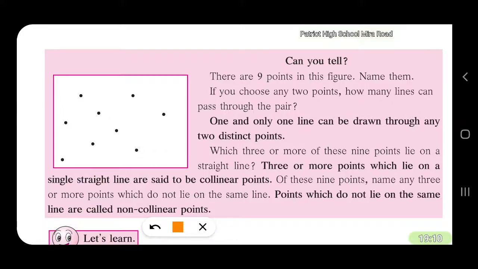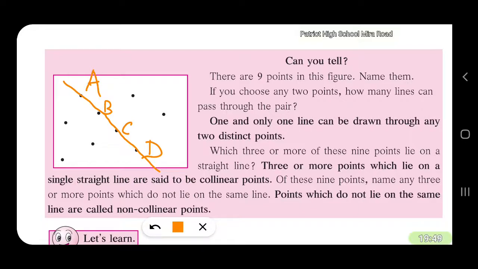Suppose you name these points A, B, C and D. If you draw a line joining A and B, it will go through C and it will also pass through D. That means all these 4 points are collinear.